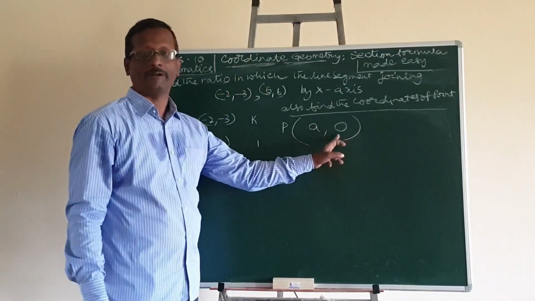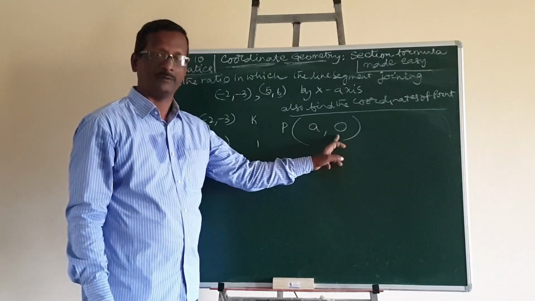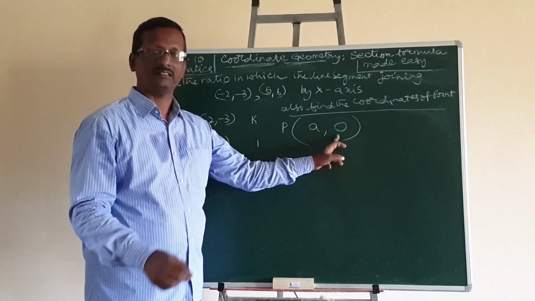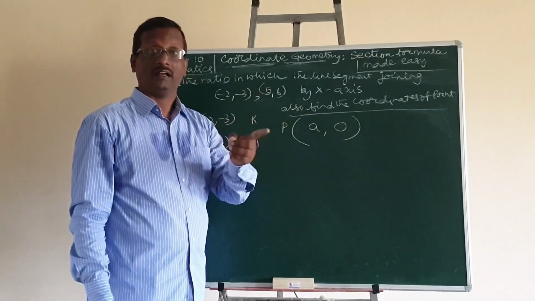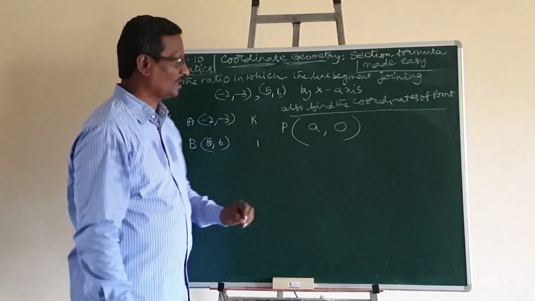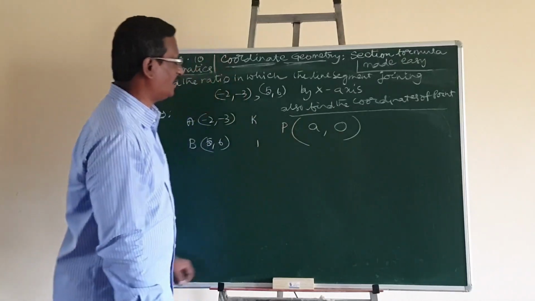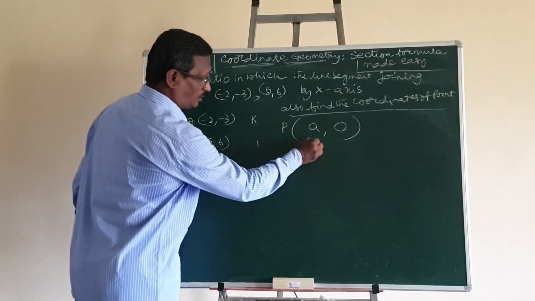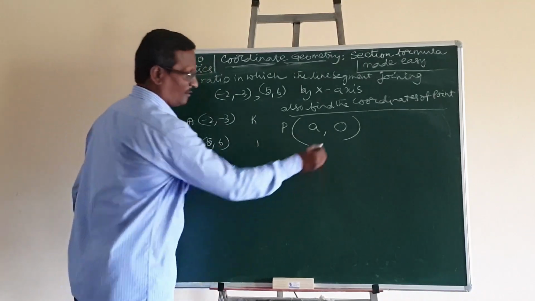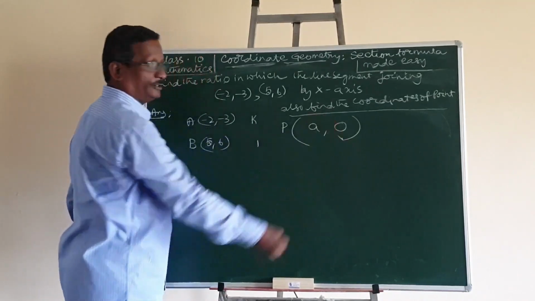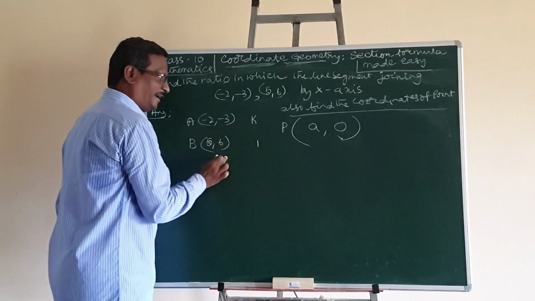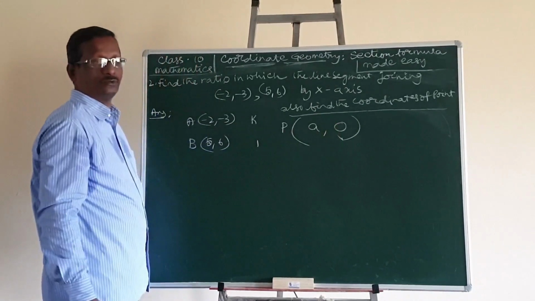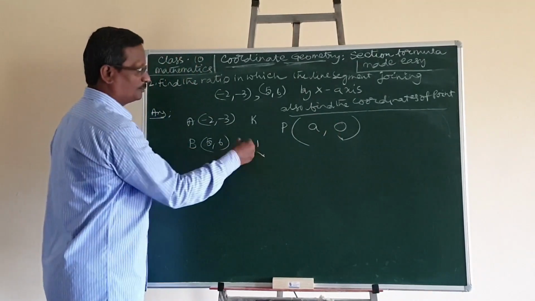Any point on the x-axis, the y coordinate is 0. Similarly, on the y-axis, any point you take, the x coordinate is 0. Here, with this idea, we do not know the x coordinate, we will find it. We know the y coordinate is 0, so we will find the y coordinate and we will equate it with 0. From that we will get the ratio.